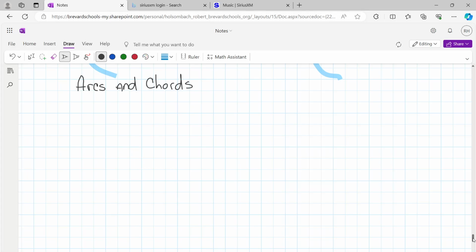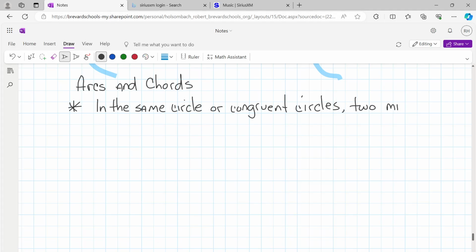And theorem 10.2 states, in the same circle or congruent circles, two minor arcs are congruent if their corresponding chords are congruent.